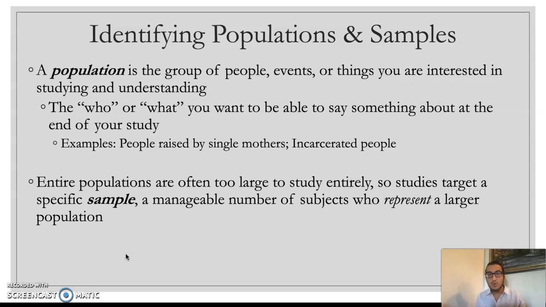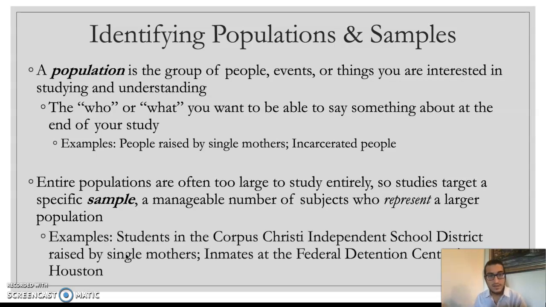Since we can't always access every member of the population that we're interested in studying, we try to target a specific sample. A sample refers to a manageable number of subjects who represent a larger population. So for example, if I wanted to do a project on single mothers, but I couldn't access every single mother, perhaps I wanted to just focus on students in the Corpus Christi Independent School District that are raised by single mothers.